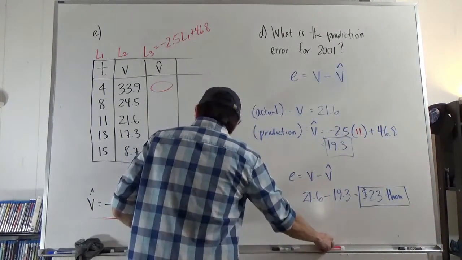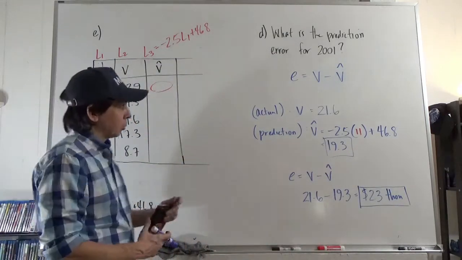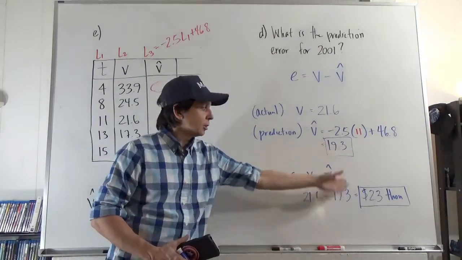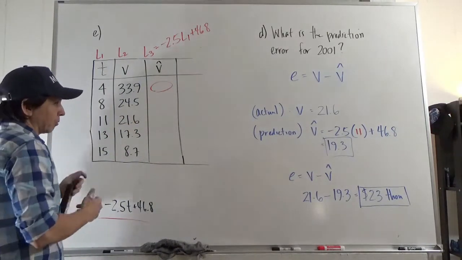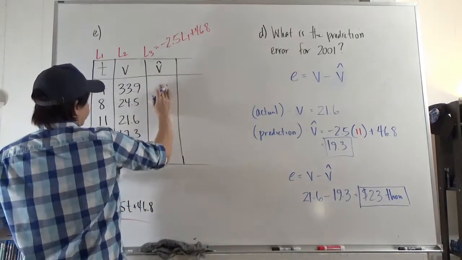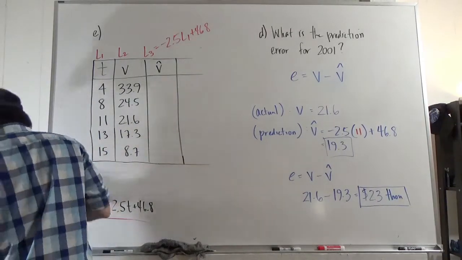And by the way, as you do this, we should be able to see these values pop up on this row right here. 11, because we did it for 11 already. Let's see, I got, oh, this glare.